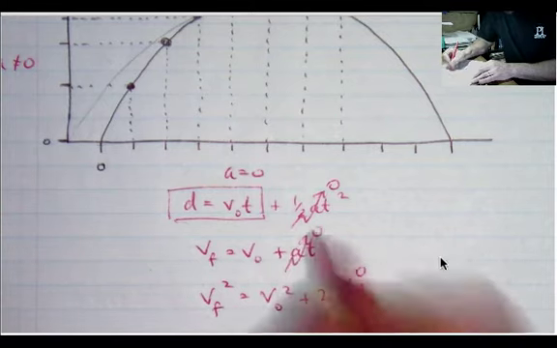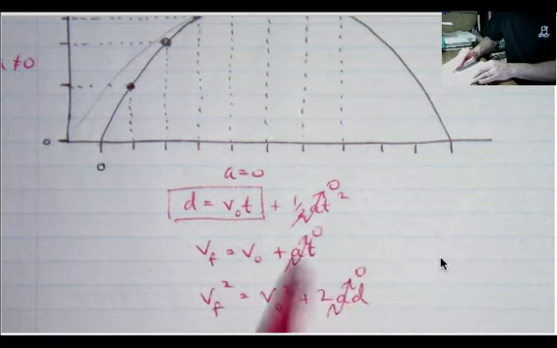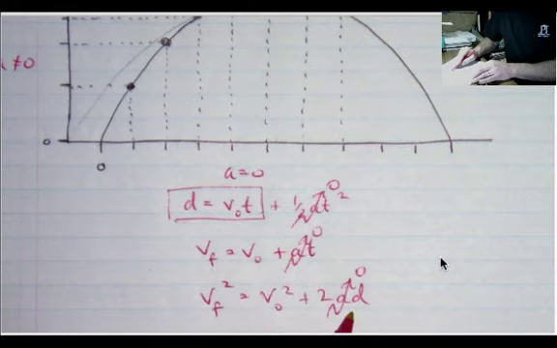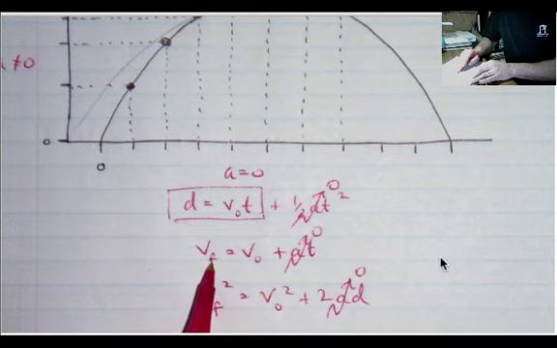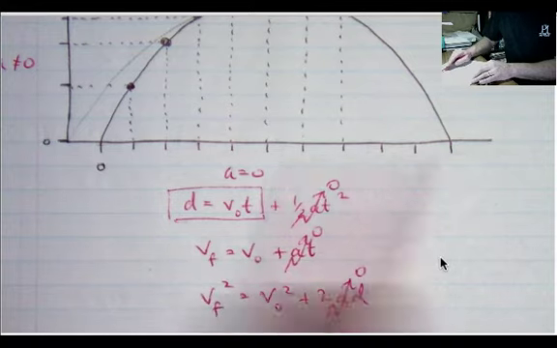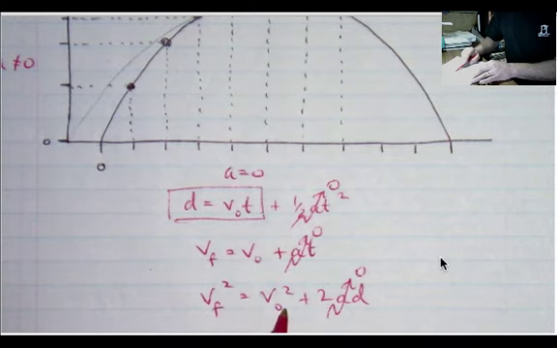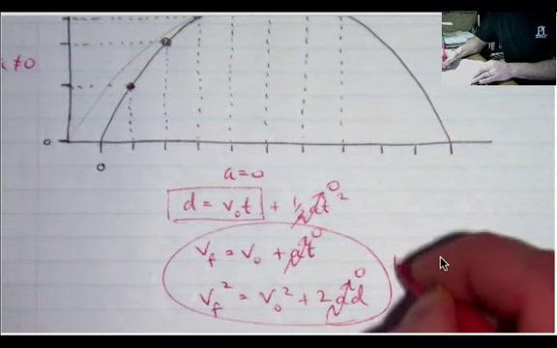Both of these have this term equal to 0 because it has an acceleration in it which is equal to 0, in which case we simply get the final velocity equals the initial velocity. The final velocity equals initial velocity. And that's what takes place in a plane where a equals 0. So these are more or less useless equations.